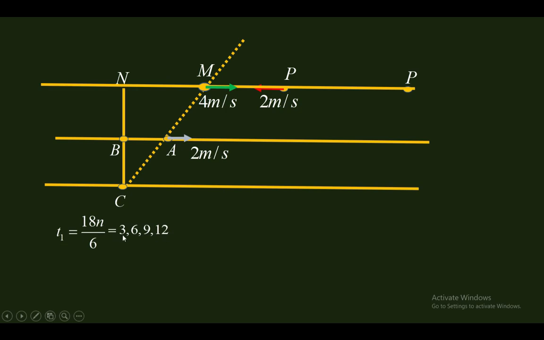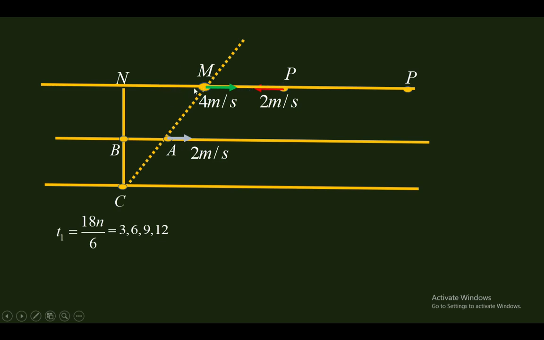After 3 seconds, the first pole will cross M. After 6 seconds, the second pole will cross. At 9 seconds, the third pole will cross M. And every time a pole crosses M, the number of poles in this window, the window from N to M, increases by 1.